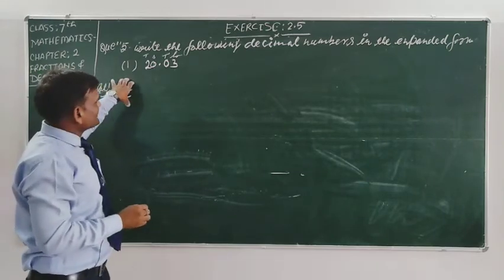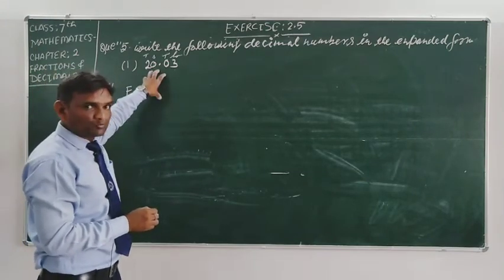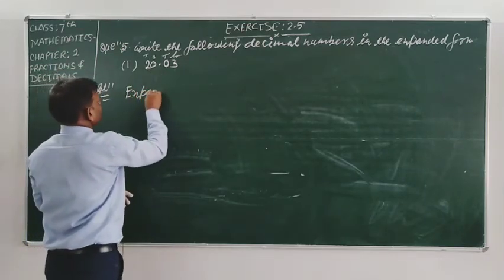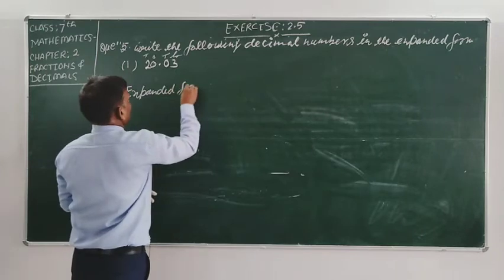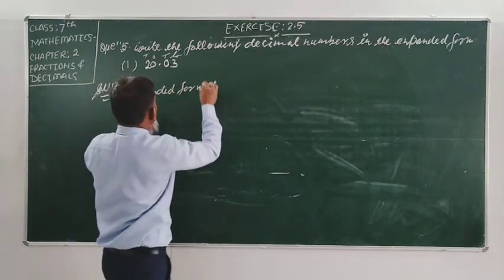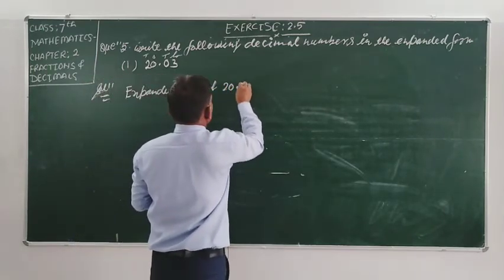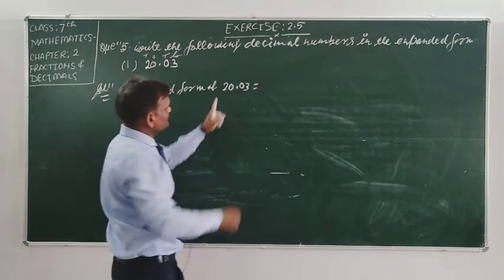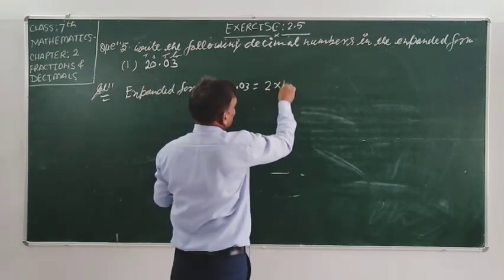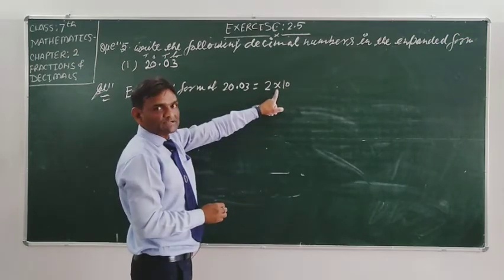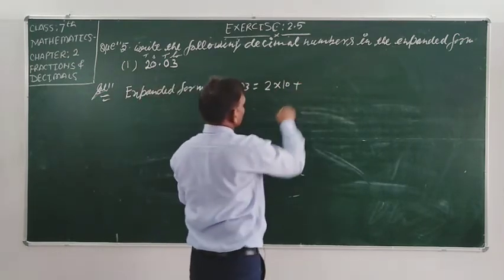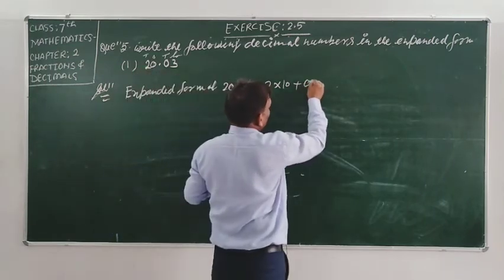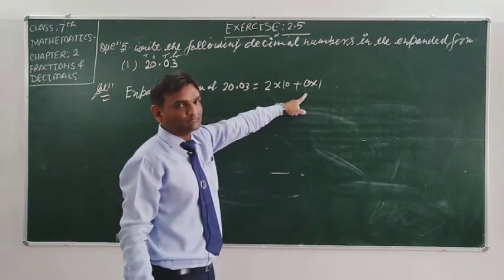You can write the expanded form in one line. This is a one-liner question. Expanded form of 20.03 is equal to, this is the tens place digit. So, 2 into 10. Plus, this is the ones place digit, so we have to multiply by 1: 0 into 1.